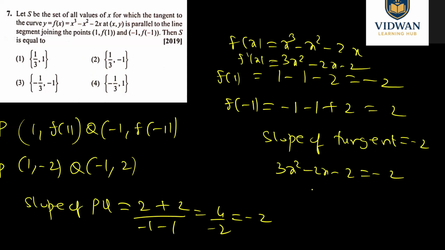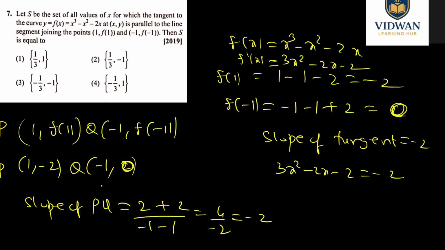Are the values matching? Just check once again the slope. So what was f of 1 value? 1 minus 1 minus 2. That was right. F of -1 is -1 minus 1 plus 2. I think this I wrote wrong. This was 0. Sorry. F of -1 is 0.